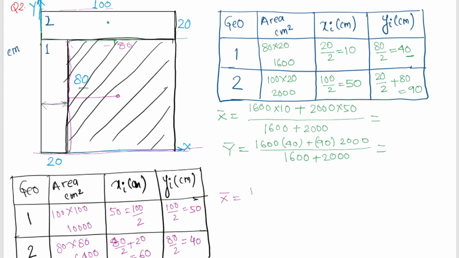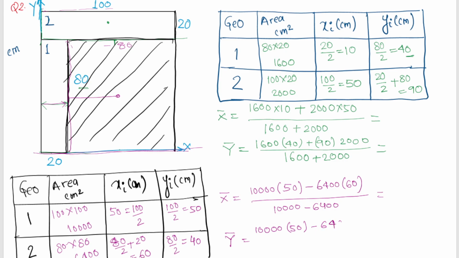So x bar is 10,000 into 50 minus 6,400 into 60 divided by 10,000 minus 6,400, and then we have y bar, which is 10,000 into 50 minus 6,400 into 40 by 10,000 minus 6,400.